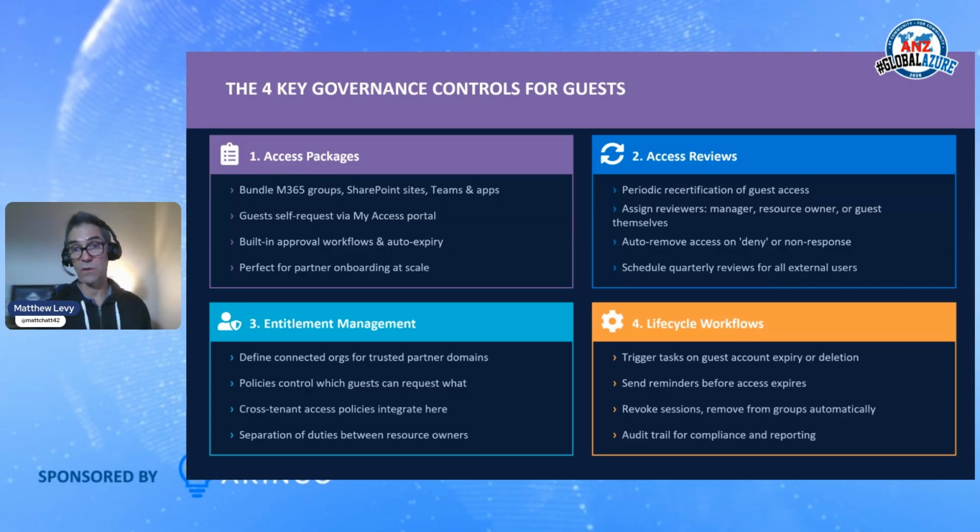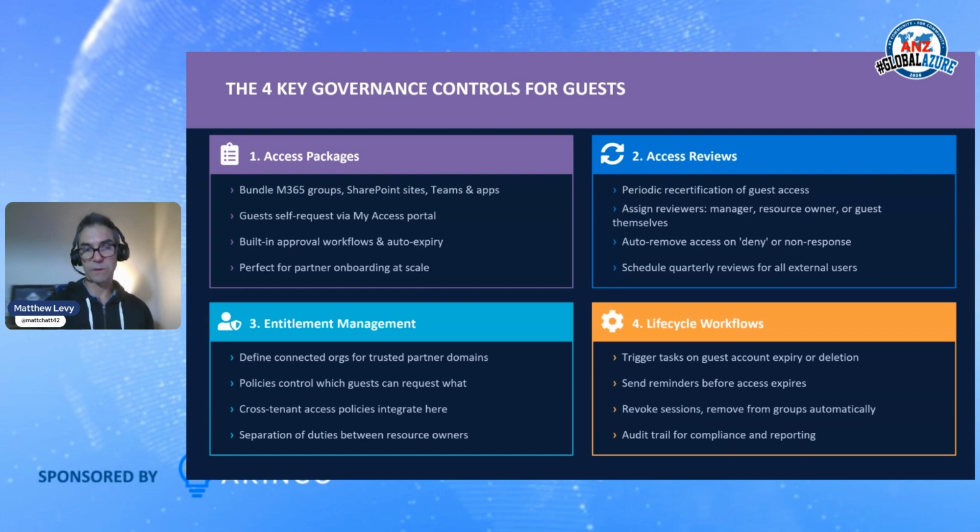So this is your primary tool for eliminating stale guest access without manual effort. You can create just a stale guest access review as a once-off and clean up all your stale guests to start off with, and have recurring access reviews for guest accounts.